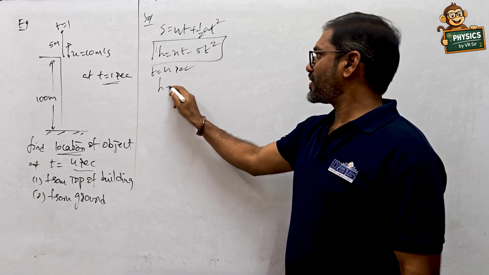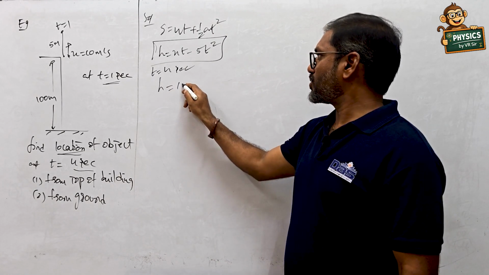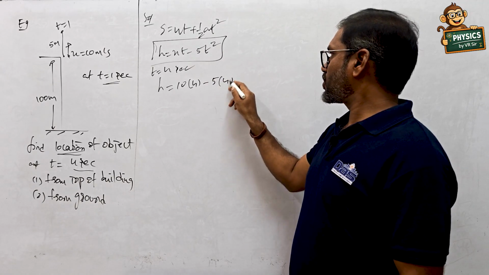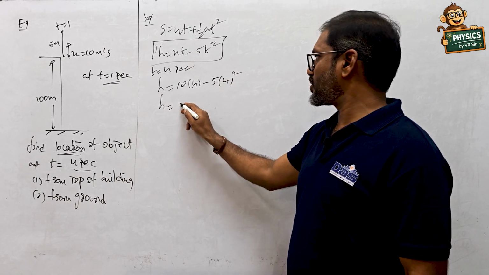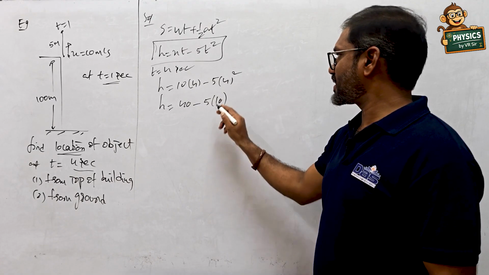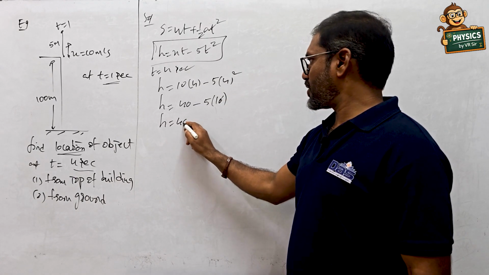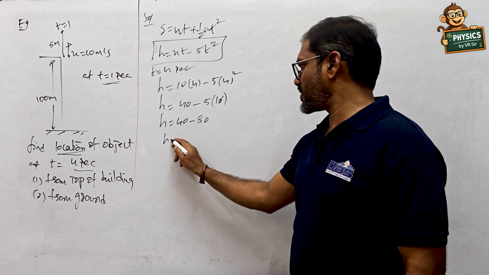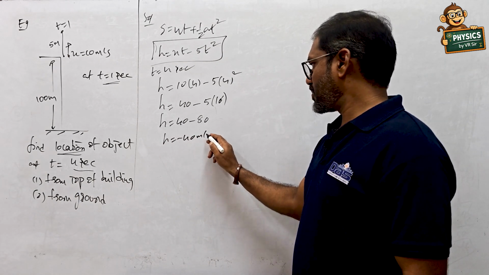If you substitute t equivalent to 4, u is 10, so h is equivalent to 10 into 4 minus 5 into 4 square. So h is equivalent to 40 minus 5 into 16, and 5 sixteens are 80, right? So h is equivalent to minus 40 meters.